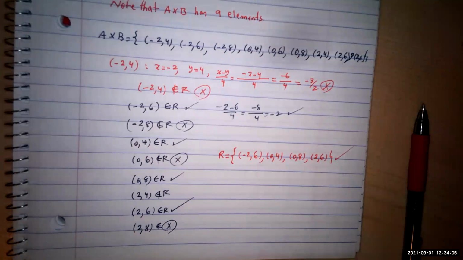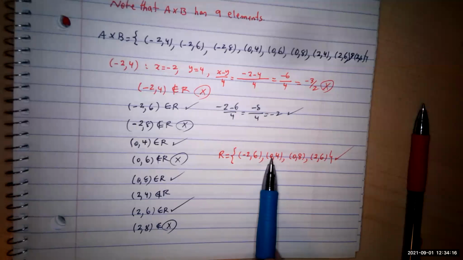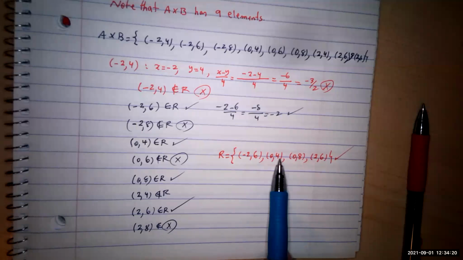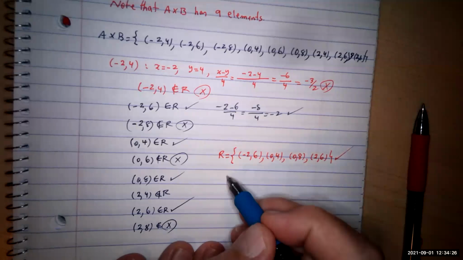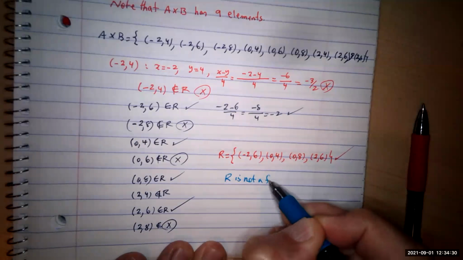So the first condition is satisfied. But what is the second condition? The second condition is that you cannot have any sharing. The first components of 0, 4 and 0, 8 are shared. So this means R is not a function.